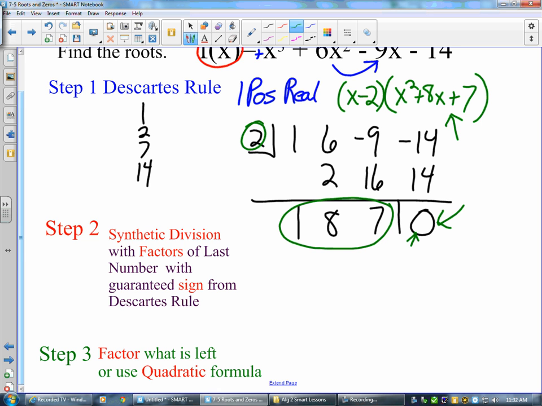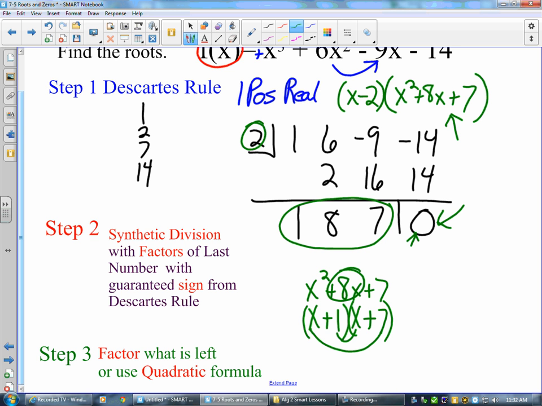Step 3 says try and factor x squared plus 8x plus 7. We know it's an x and an x, and 7 only has factors of 1 times 7. They both have to be plus. Double check the inside and the outside make a 1x plus 7x is definitely 8x. All right, it works.